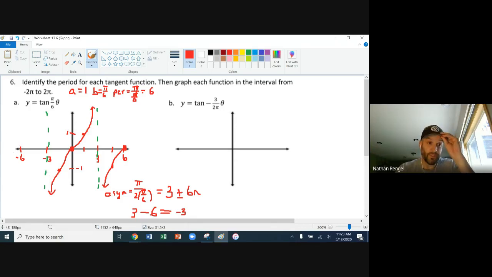And then at negative 6, we're going to have another cycle starting at 0. Halfway between, we go up to our amplitude of 1. And there's going to be our next cycle right there. So there would be a basic picture of our graph. We've got a cycle length of 6, a period length of 6, and asymptotes occurring at negative 3 and 3.